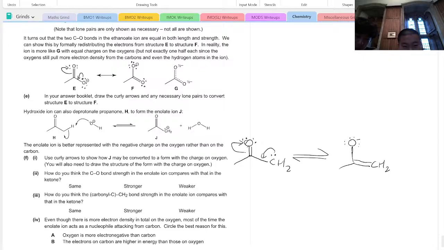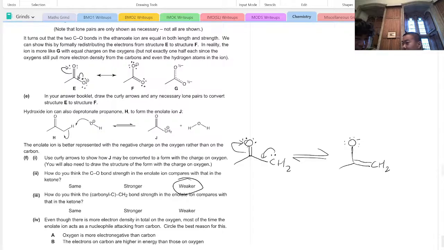Well, C double bond O is a double bond, so there's more bonds. So I think it's going to be stronger. The keto is stronger, so the enolate is weaker. Exactly. I also know that the enol form is less favored than the keto form.